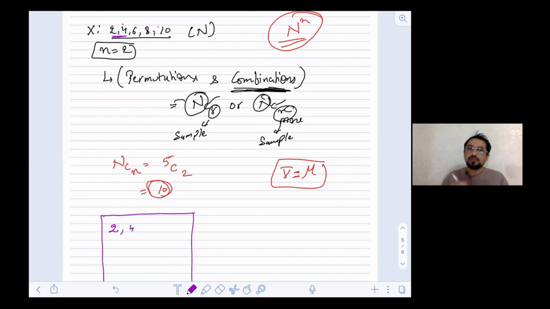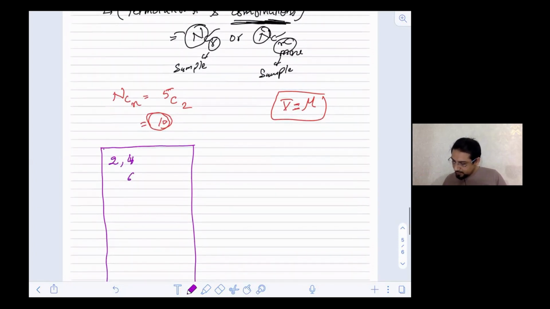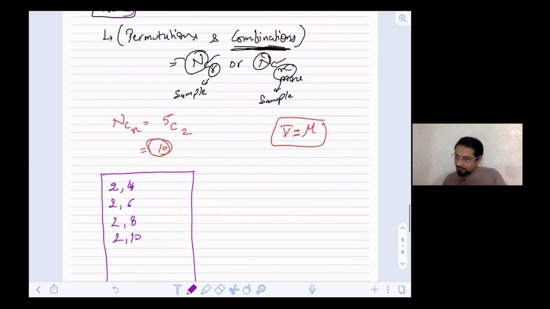Since the sample size is 2, I have taken the first two digits. Then I will write a series: 4, 6, 8, 10. So 2, 4, 2, 6, and then 2 is finished.